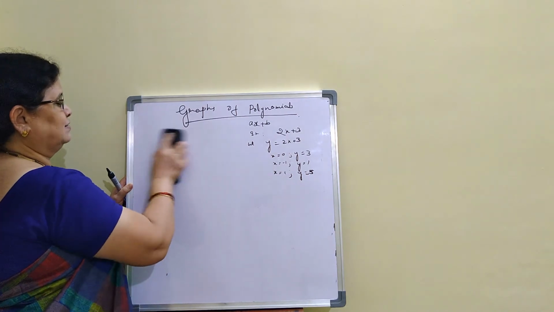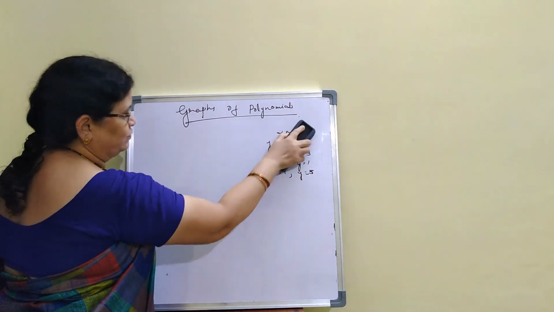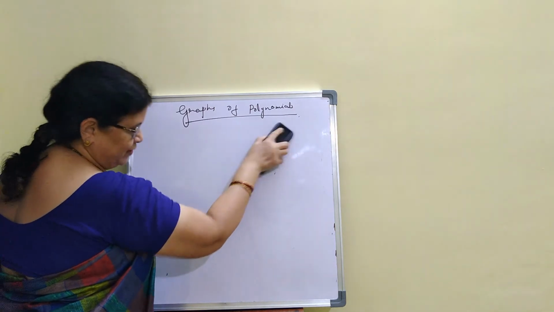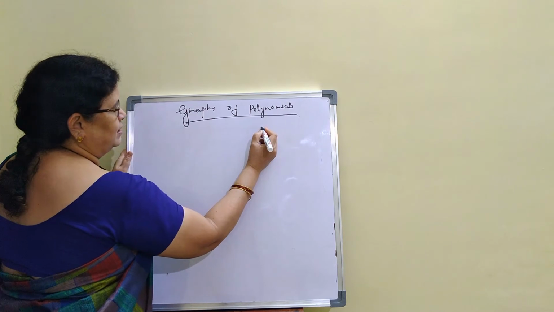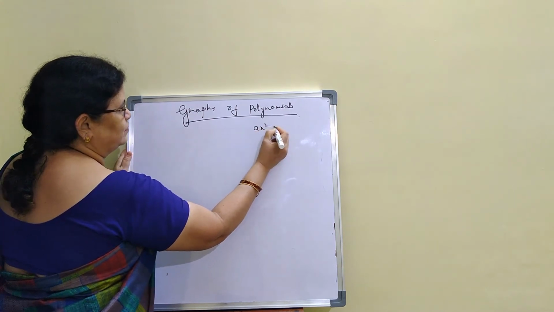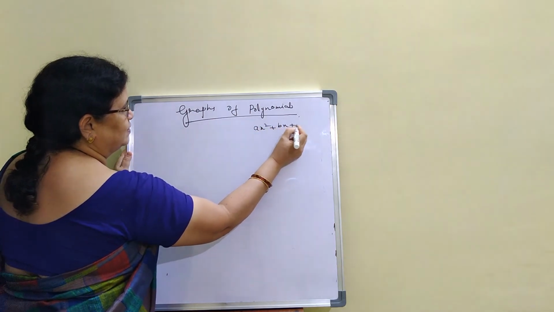Now, what if the polynomial is quadratic? What type of graph do we get? The quadratic polynomial has the general form ax square plus bx plus c.